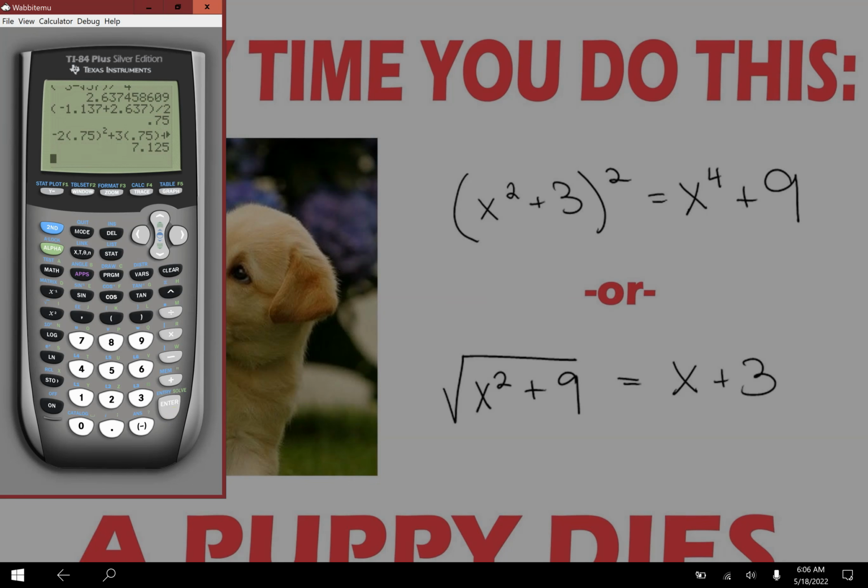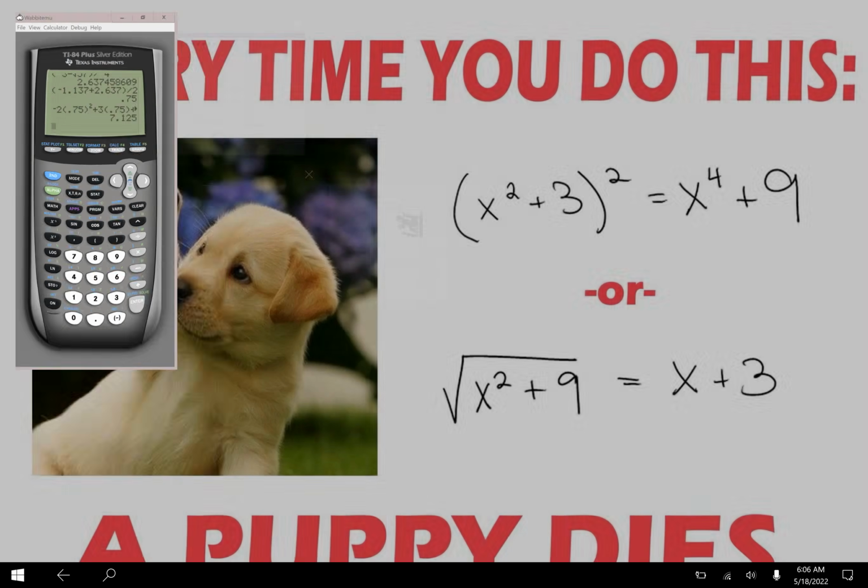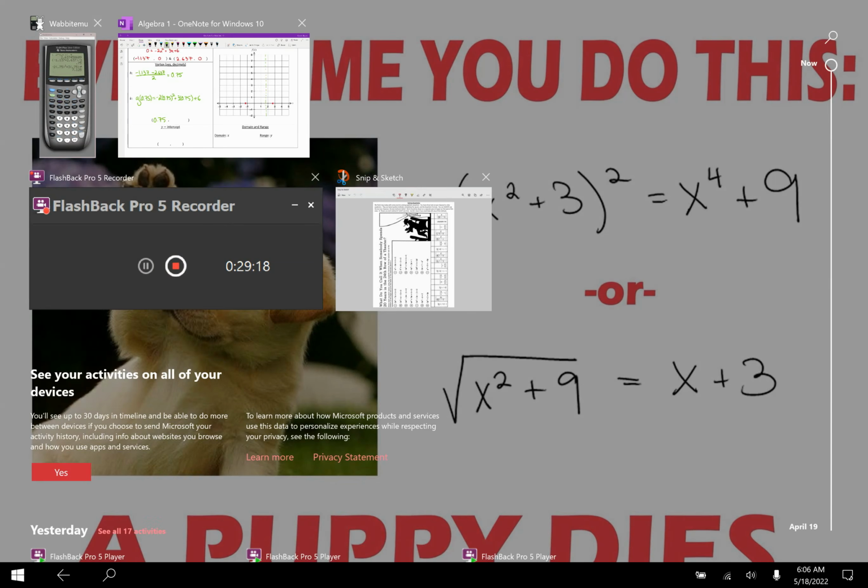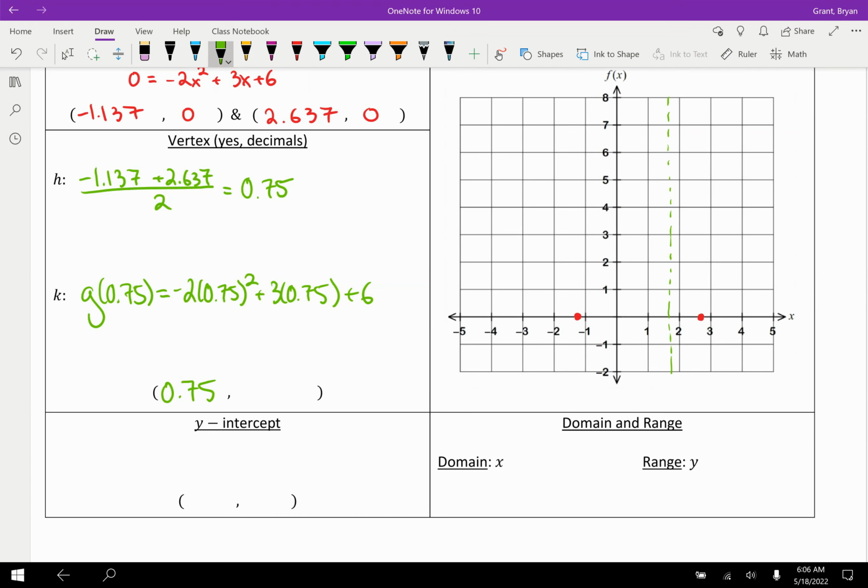And I get 7.125. Hopefully I can remember that as well. This, let's see, g of 0.75 is 7.125. There we go. And now we can get this graphed.